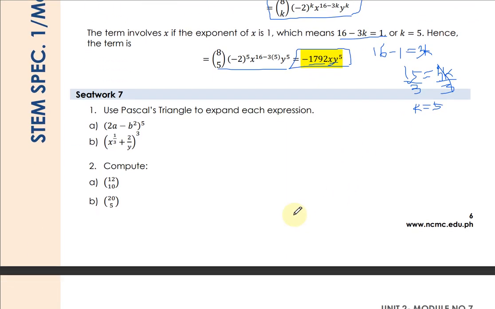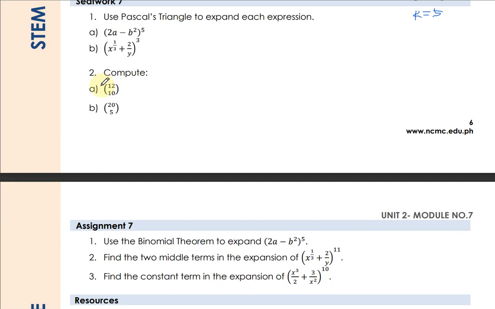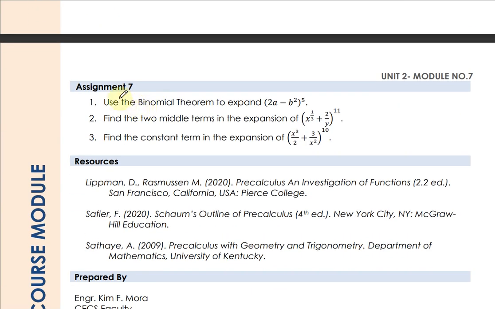Okay, so for your seat work, number 7, use the Pascal triangle to expand these expressions. Then compute this combination. Then for your assignment, use the binomial theorem in expanding this expression. You find the two middle terms since this is an odd number, so there are two middle terms.